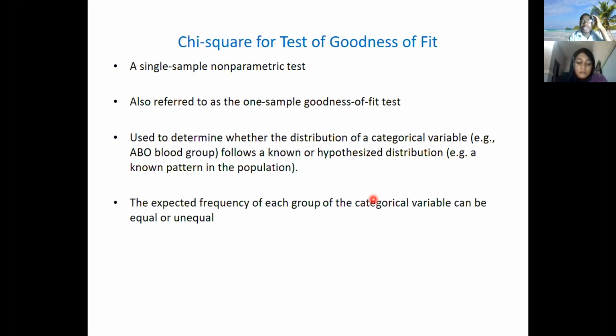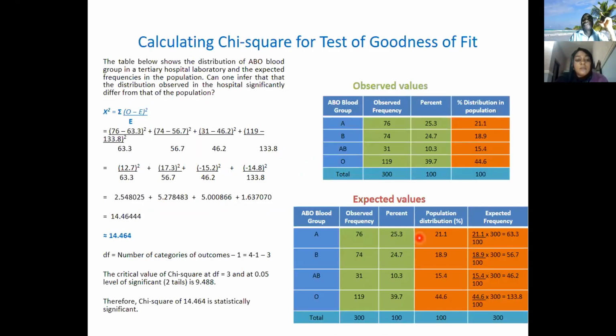The expected frequency of each group of the categorical variable can be equal or unequal. That's one particular thing. So let's look at an example. From that, we conceptualize. The table below shows the distribution of ABO blood group in the tertiary hospital laboratory and the expected frequencies in the population.